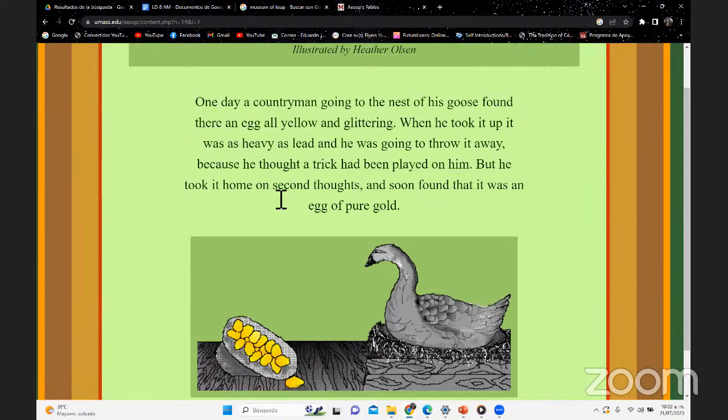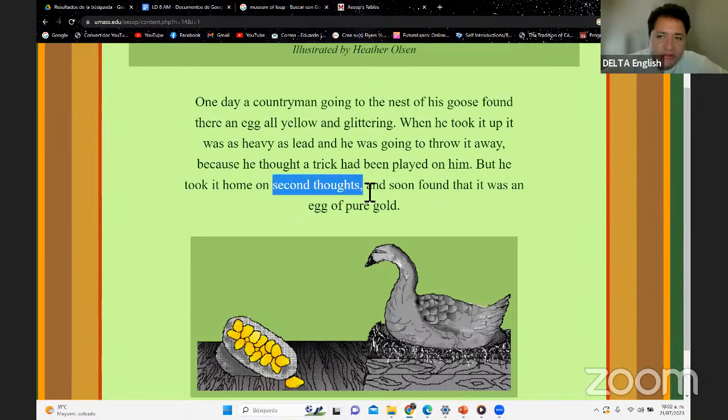The expression second thoughts is exactly what it means: segundos pensamientos, right? When you have second thoughts is when you have some intuition and you guess about something. Es como un pensamiento que tienes por pura intuición, like suspect something, sospechar de algo, de alguien, o pensar algo de otra forma.